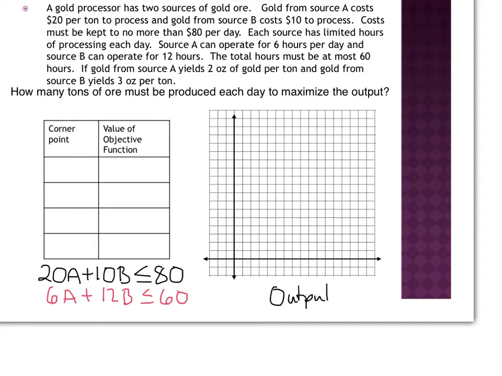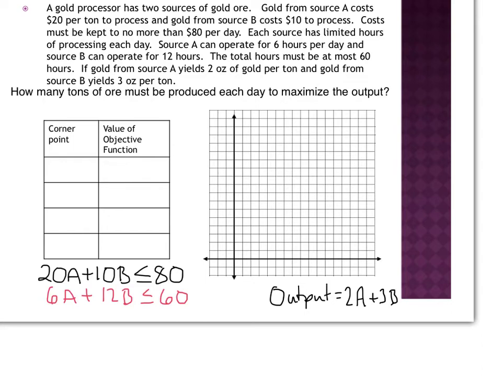Output equals, now from source A it's 2 ounces, so 2A, and from source B it's 3 ounces, so 3B. And that would be my output. And I want to maximize the amount of output.